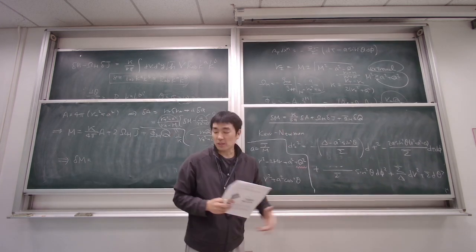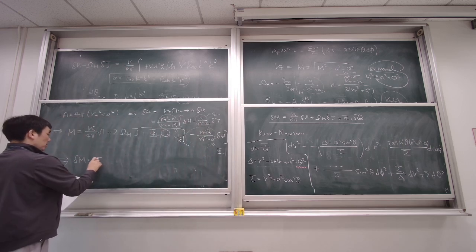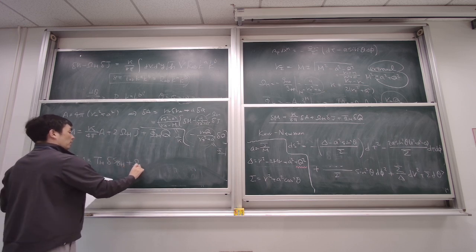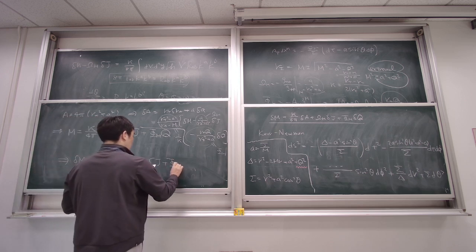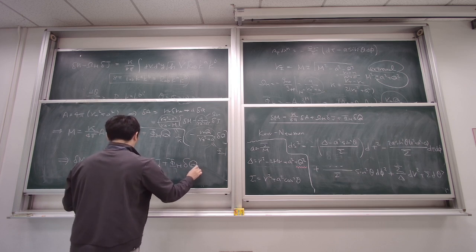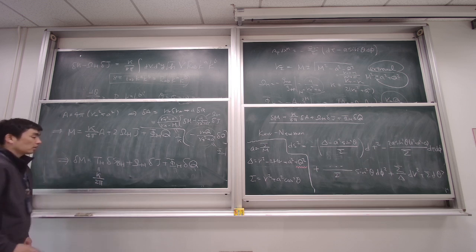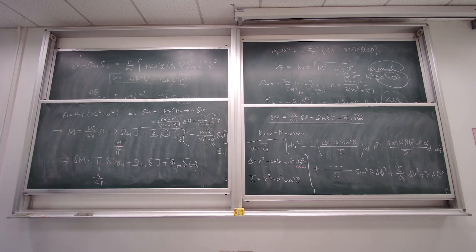If you write it down in a bit more fancy way, it becomes dM equals kappa dS_black hole plus omega_H dJ plus phi_H dQ, where kappa over 2π is the coefficient, and S is equal to A over 4.